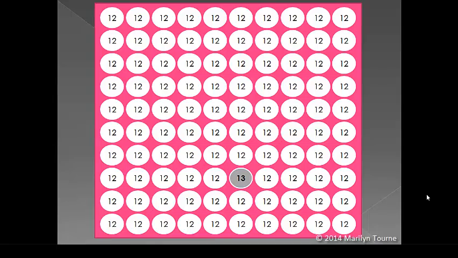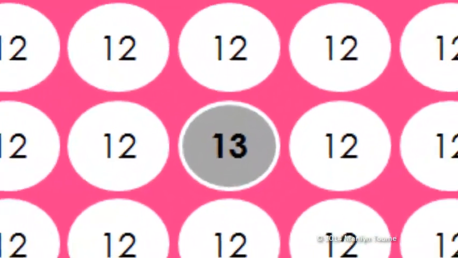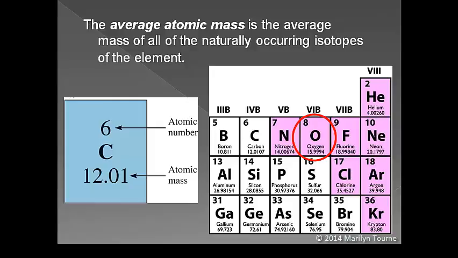So since there's 99% carbon-12 and there's 1% carbon-13, they take the average of those, and that's how they figure out the mass that you see in the periodic table. And that, of course, goes for every single element. So the average atomic mass is the average mass of all the naturally occurring isotopes of an element.